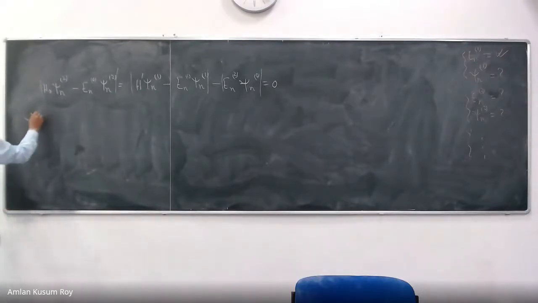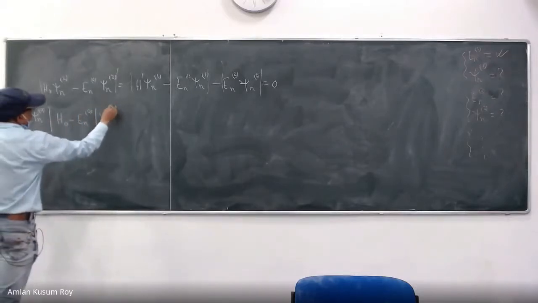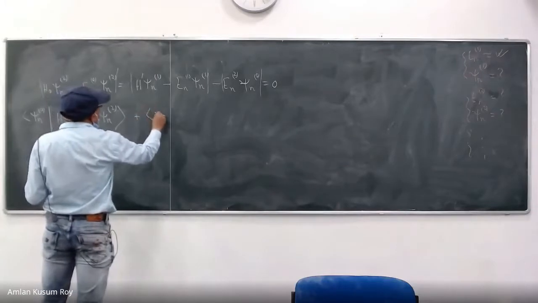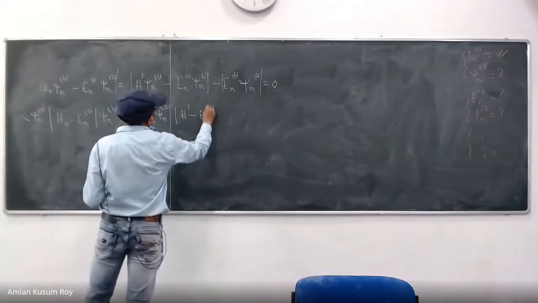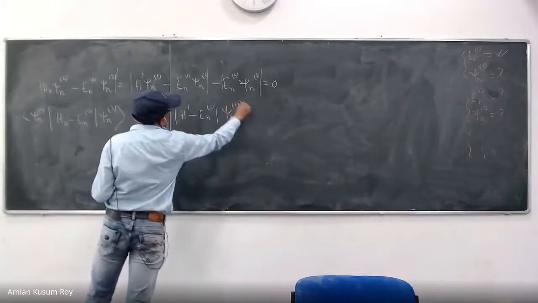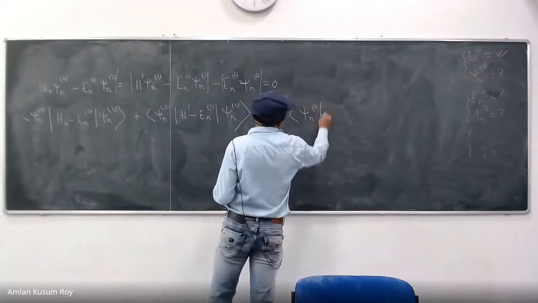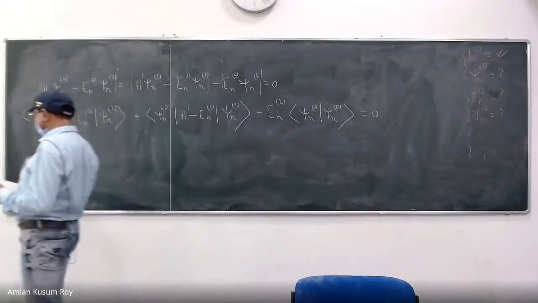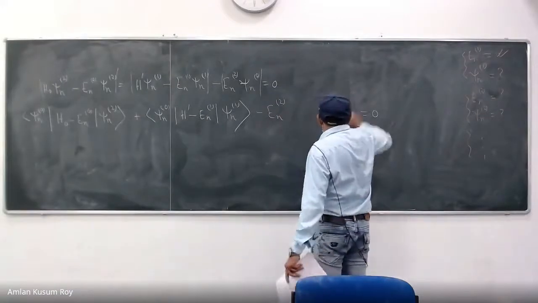So let us see what happens: ⟨ψn0|(H0 − En0)|ψn2⟩, where ψn2 is the second order correction to the wave function, plus ⟨ψn0|(H' − En1)|ψn1⟩ minus En2 ⟨ψn0|ψn0⟩. Since ⟨ψn0|ψn0⟩ is 1, I can write it and get rid of this term.